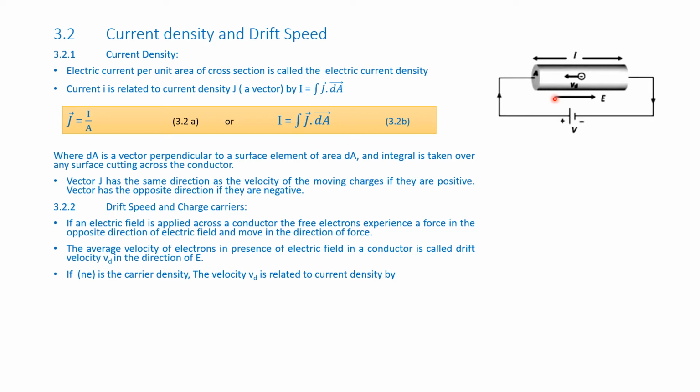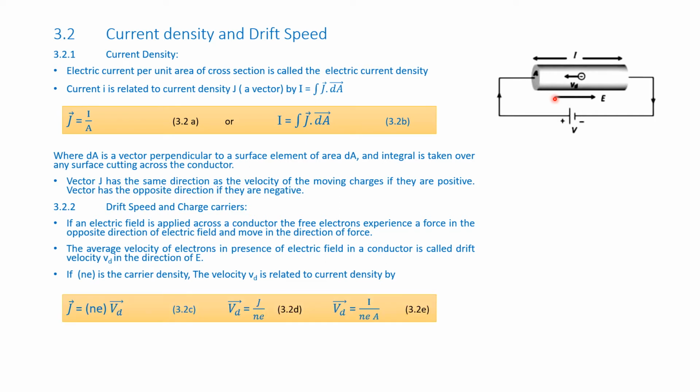If Ne is the carrier density, that is the number of electrons times the charge, the drift velocity Vd is related to current density by the equation J is equal to Ne, the carrier density, into the drift velocity Vd. This is the relationship between current density and drift velocity.